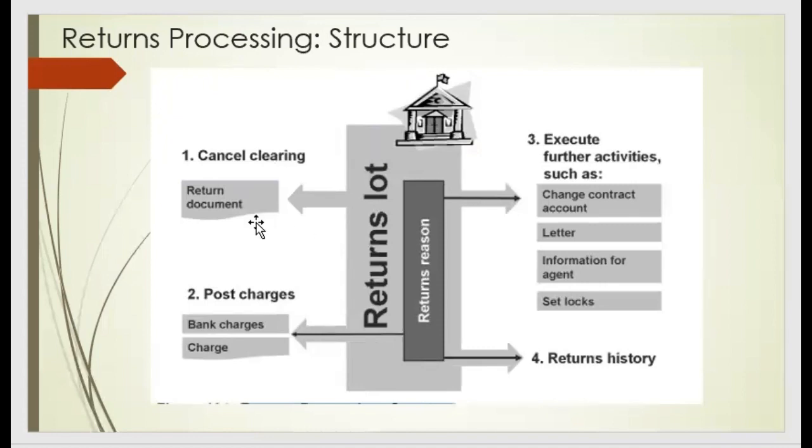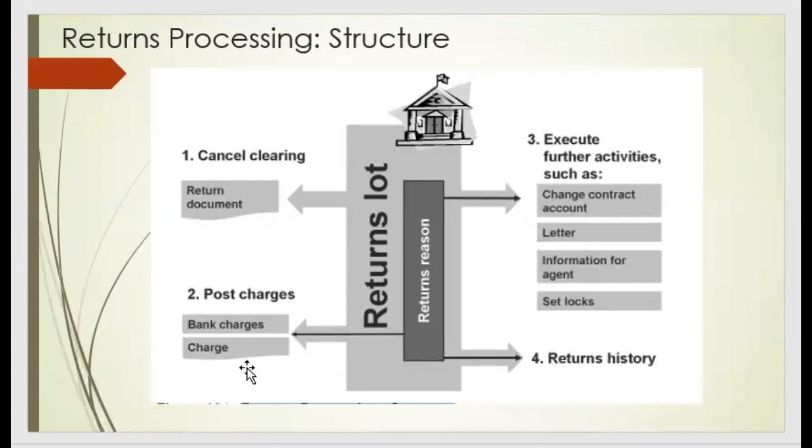Once the return comes to our side, to the utility company, it first cancels the clearing. Whatever returns we get as a statement, we cancel the clearing, and that means the open items get reopened. Then, because of this check bounce or invalidation, the bank will put a charge called the bank charges. The utility company also puts a charge because it didn't get the amount. There will be charges.